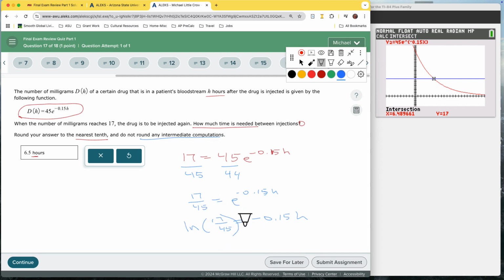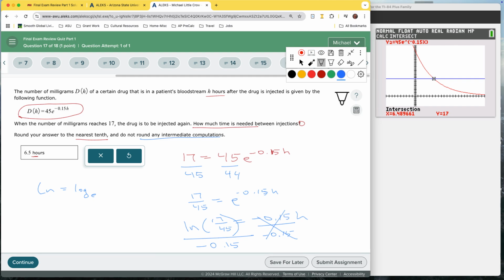That's what I call the log dance. It's not really a calculation, it's just moving things where they need to go, and remembering that ln is log base E. Now all we have to do is divide by 0.15. Negative 0.15 cancels. So H is going to be equal to this.